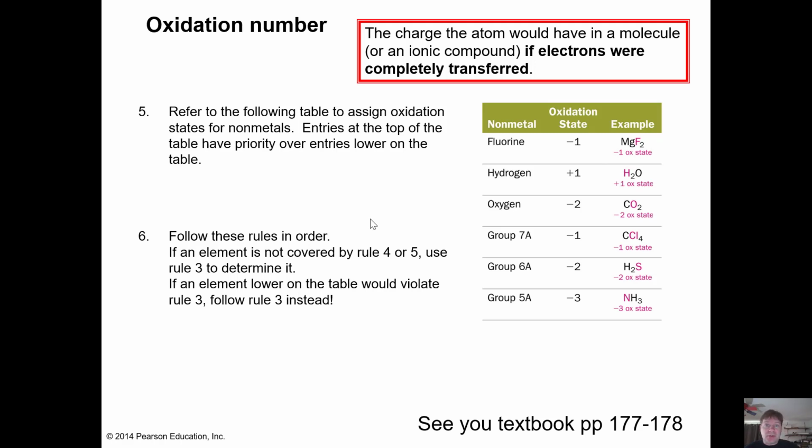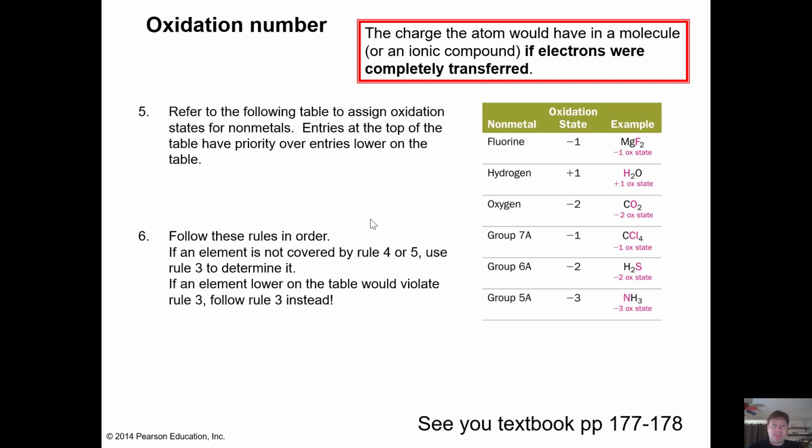They will sometimes contradict. For example, hydrogen and fluorine, if they're together, they would actually work out together. That's not an exception. But it's possible that oxygen and fluorine wouldn't work out, or oxygen and hydrogen might not work out in some cases. So we follow these rules in the order that we're listing them here.